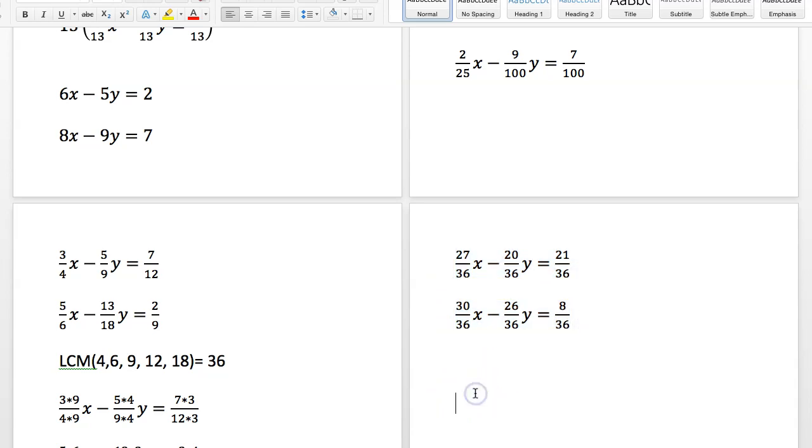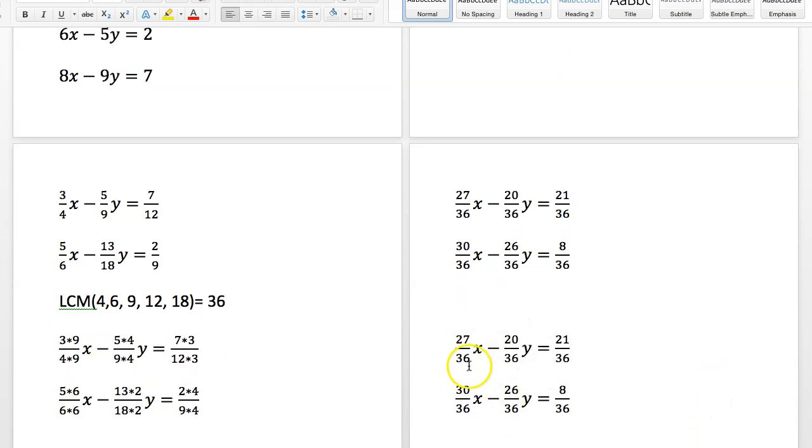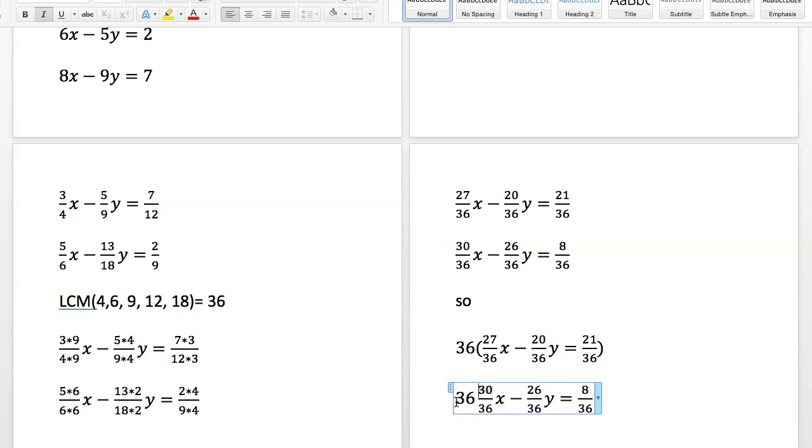let me get that guy over there. So 36 there. Now you can only do this with equations, guys. Don't go doing this when you have expressions, okay? Promise me. Don't go doing this with the expressions.